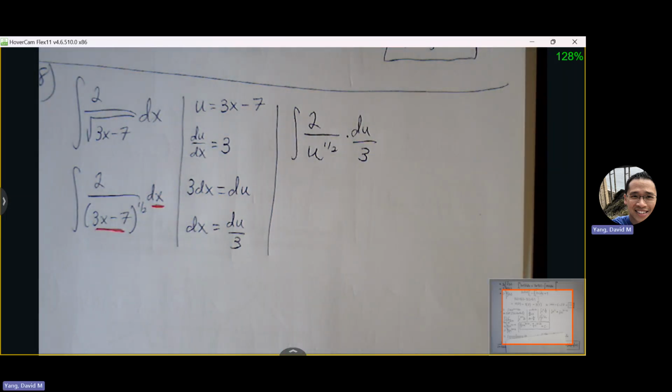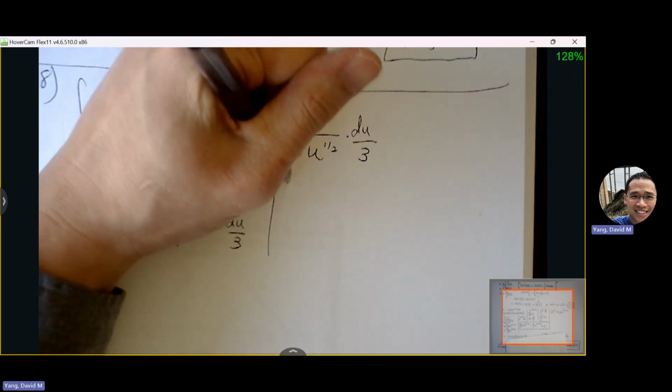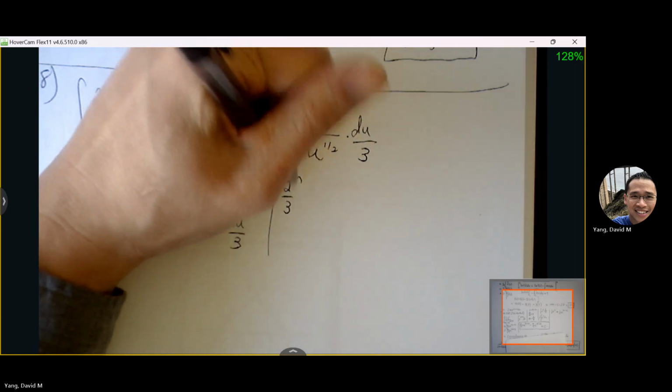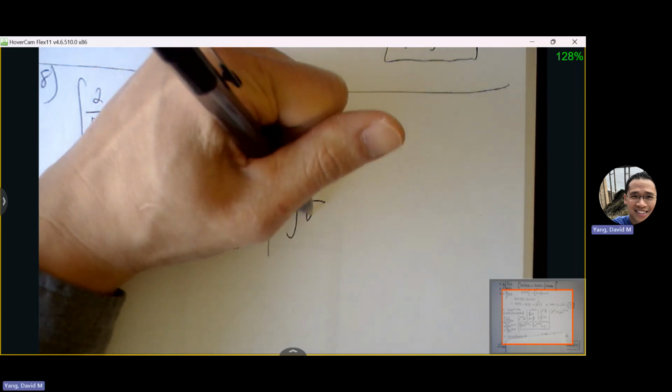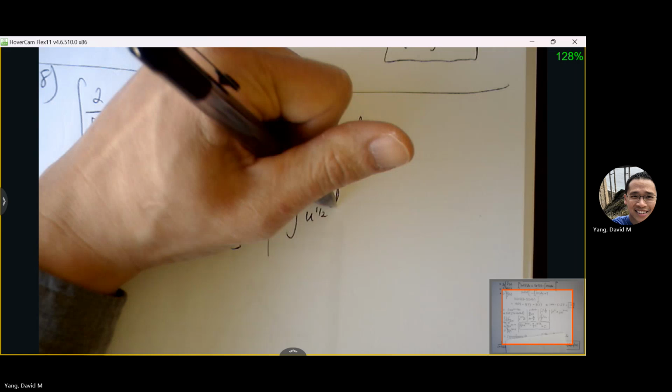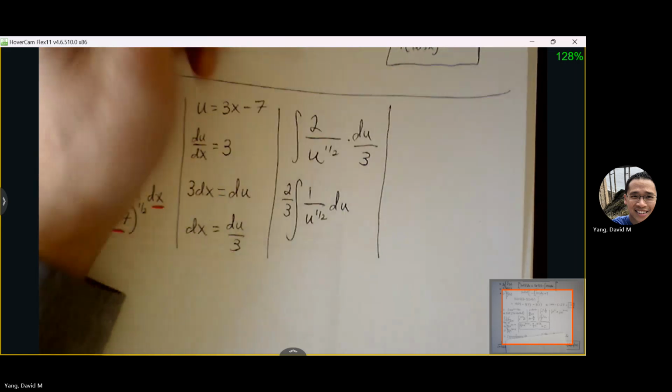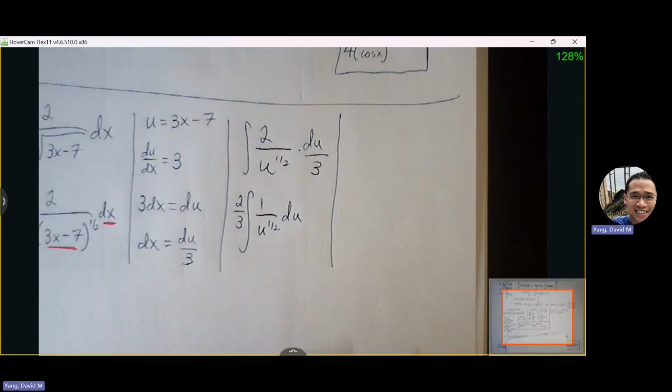But again, the u variable is out of place. Let's clean up that coefficient in front first. And I also want to move that u up to the top before we do power rule.